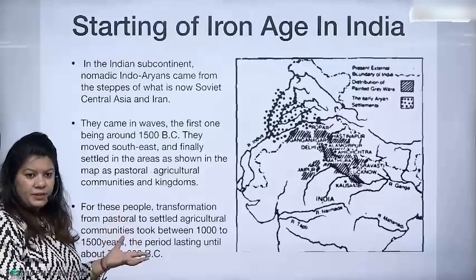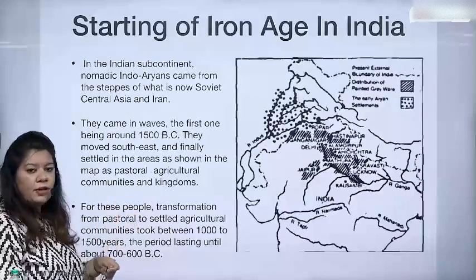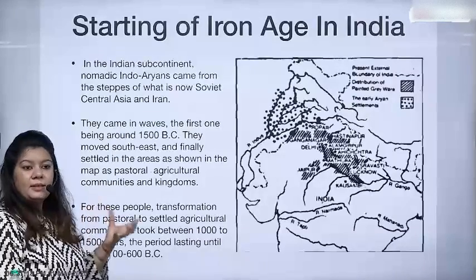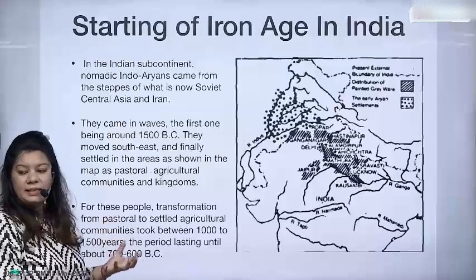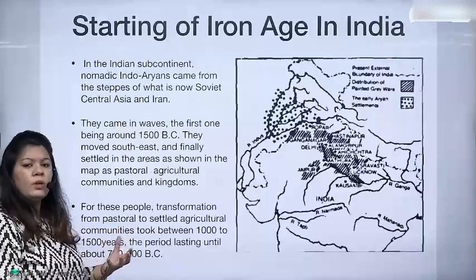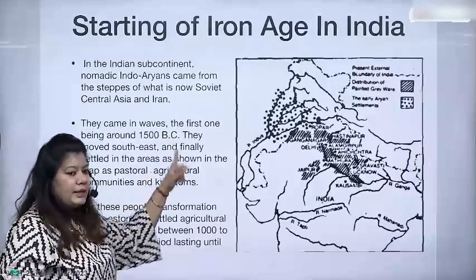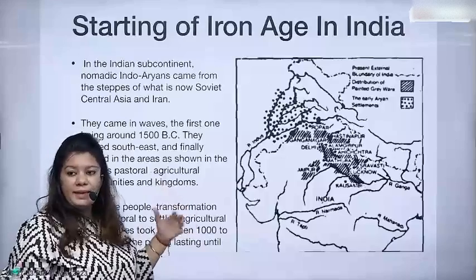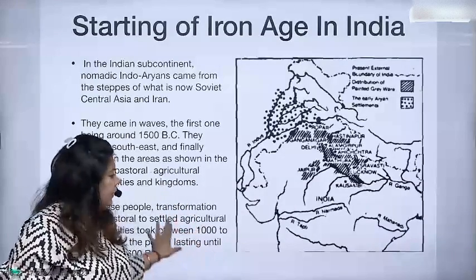Rigvedic was pastoral. So with the discovery of iron, as I told you, there was cutting of forests, there was inhabitation, there was a settled way of life. And that was prominently seen by growing crops and through agriculture, right? So these people settled in the Indo-Gangetic plains during this phase finally and helped in giving rise to Janpads and Mahajanpads, right?